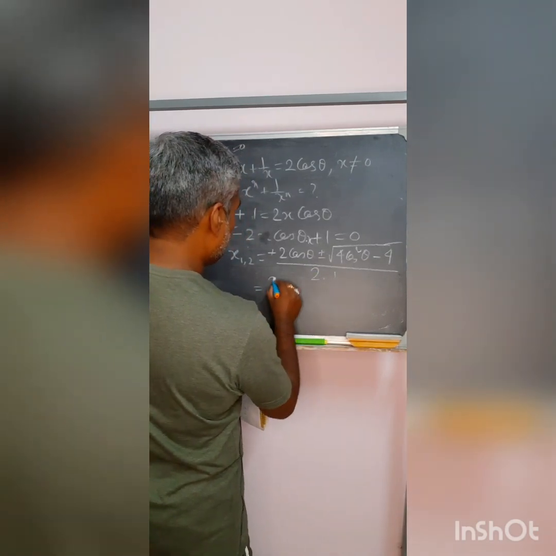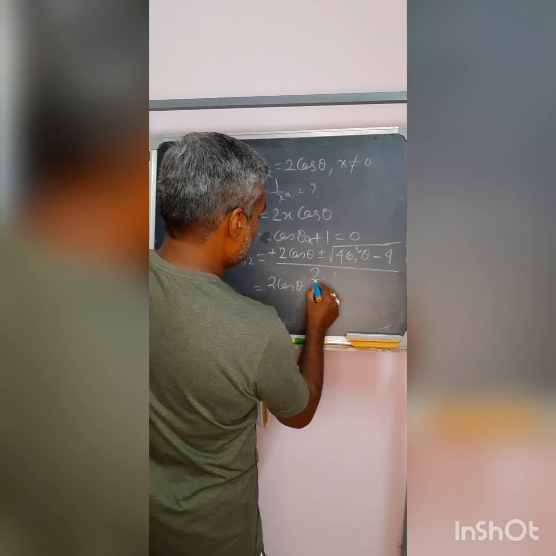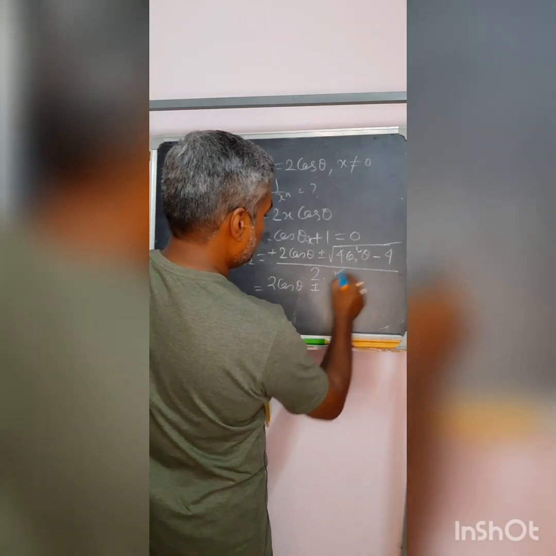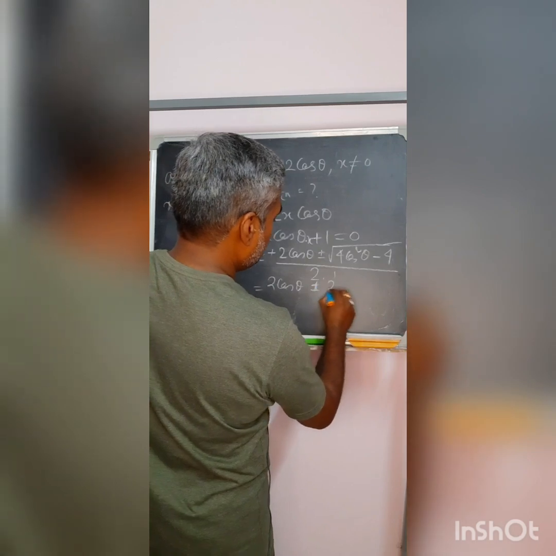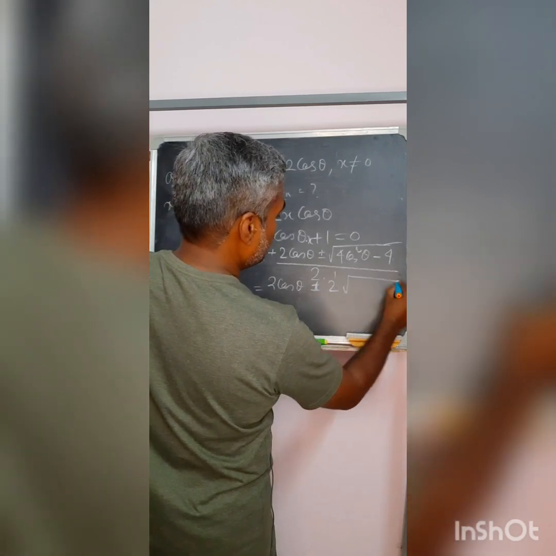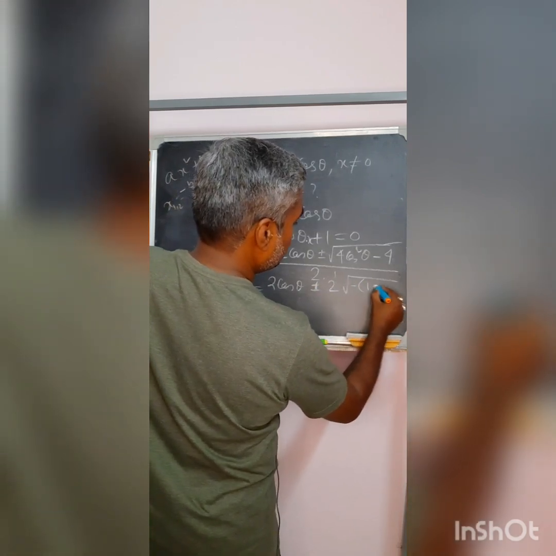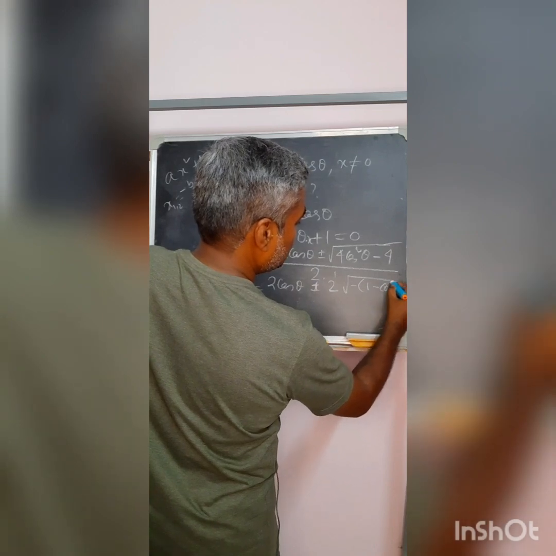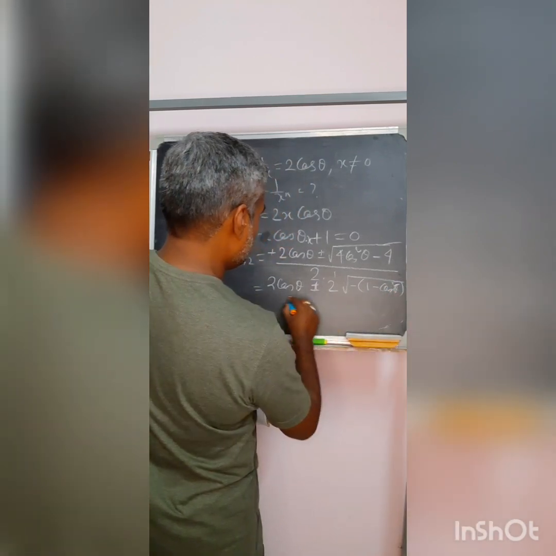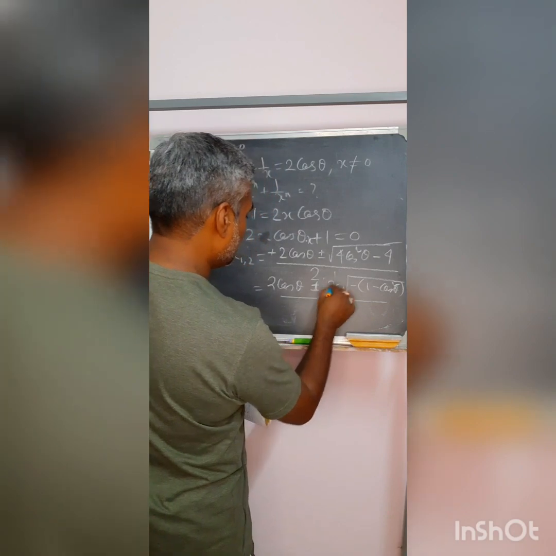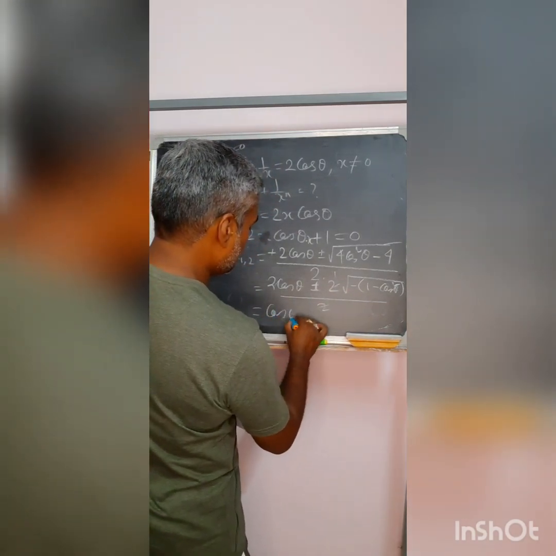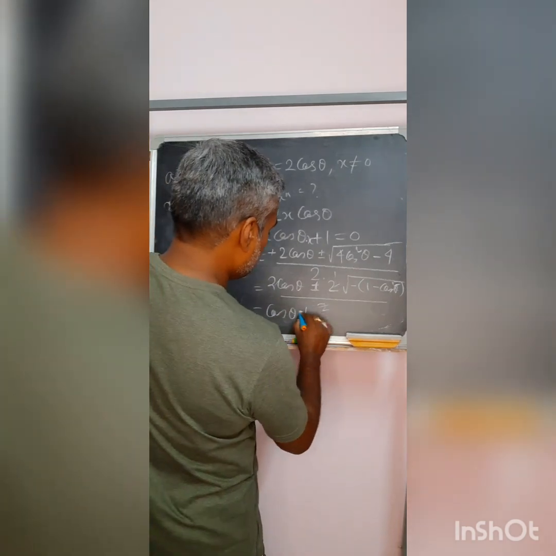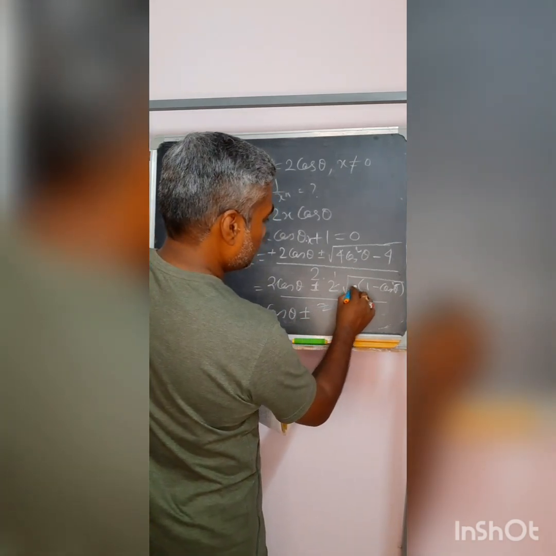If I calculate it, taking 4 common, it will come outside as 2, and taking minus common, it becomes 1 minus cos squared theta, all over 2. So the 2s cancel out, and it remains as cos theta plus minus the root of minus 1 times sin squared theta.